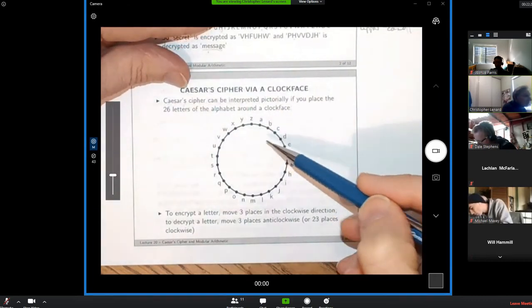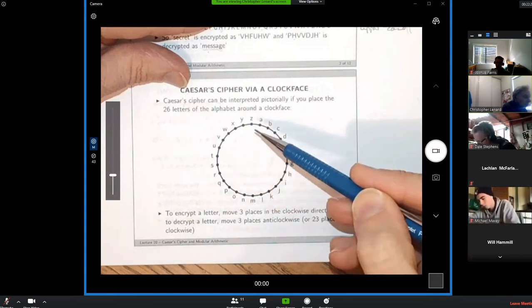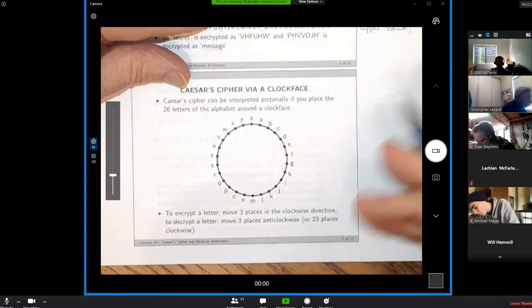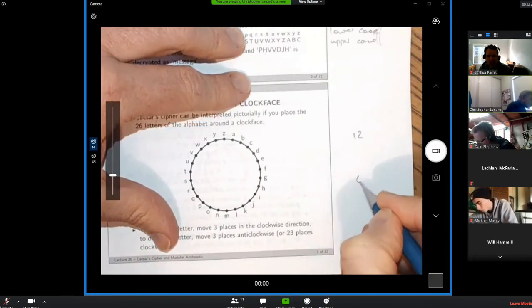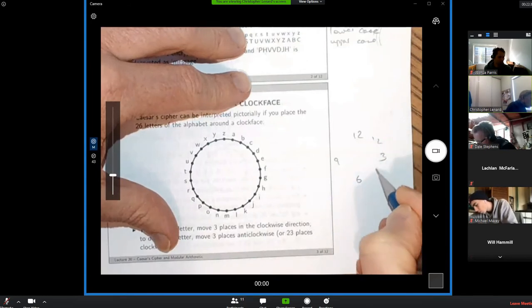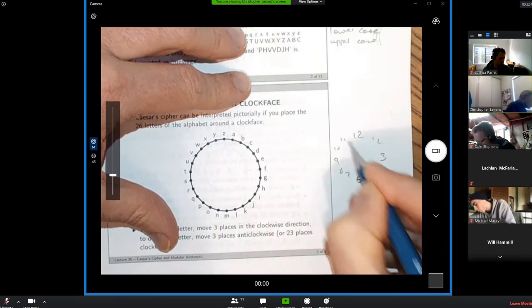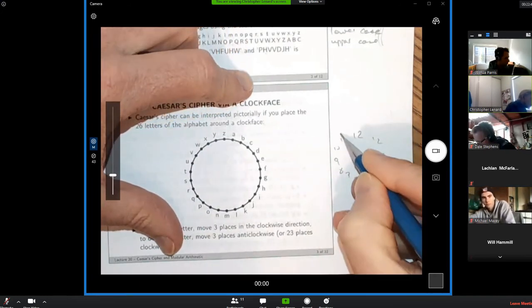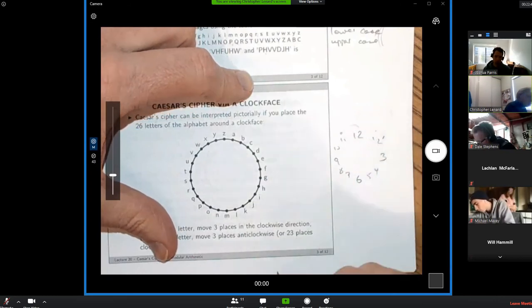This is exactly like this idea of, if I'm at 11 o'clock and I go forward 3 hours, I end up at 2 o'clock. So here's 12, 3, 6, 9, 1, 2, what comes after 3, 4, 5, 6, 7, 8, 10, 11. So if I'm sitting here and I move forward 1, 2, 3, I end up at 2 o'clock.